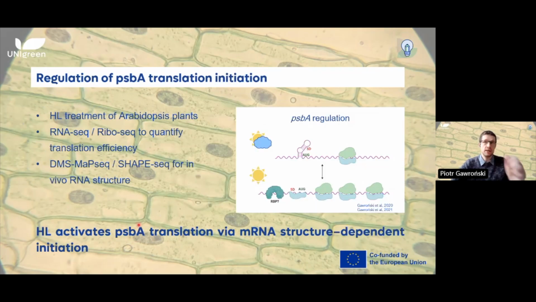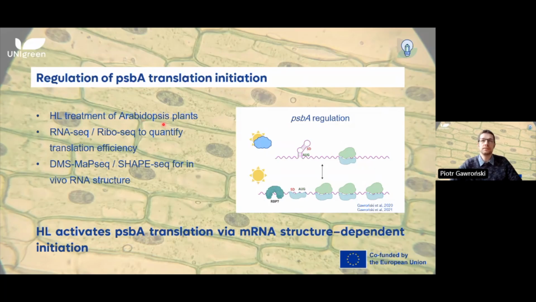The psbA mRNA is a classic example of translational regulation in chloroplasts. And on previous slides, I already showed that the high light conditions induce the translation of the psbA mRNA. And this response supports the rapid D1 replacement in these conditions.